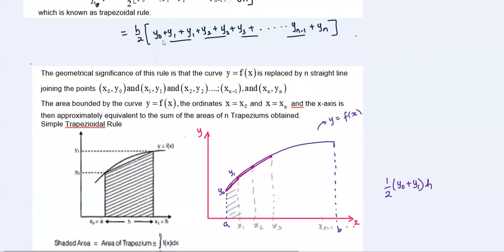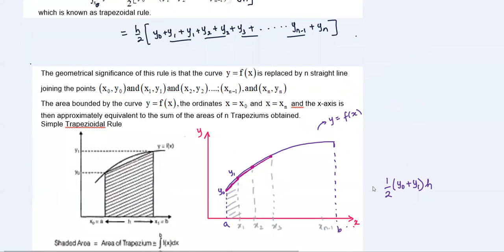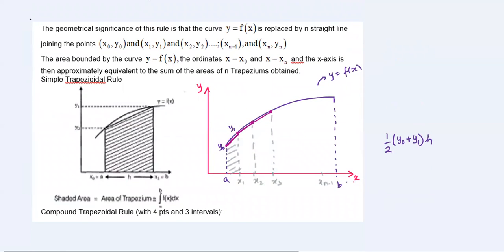That is what is happening here: h by 2 into (y0 plus y1). This is the area of the trapezium. Here again, the area of the second trapezium will be half the sum of the parallel sides times the distance between them.